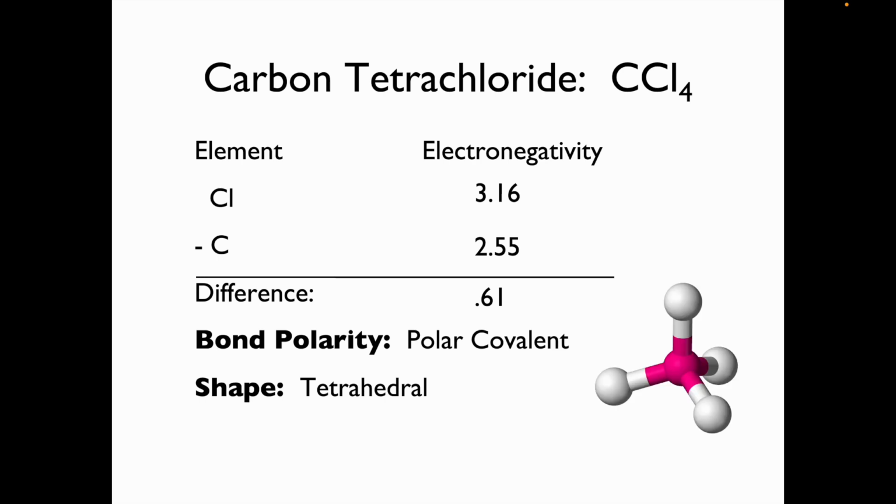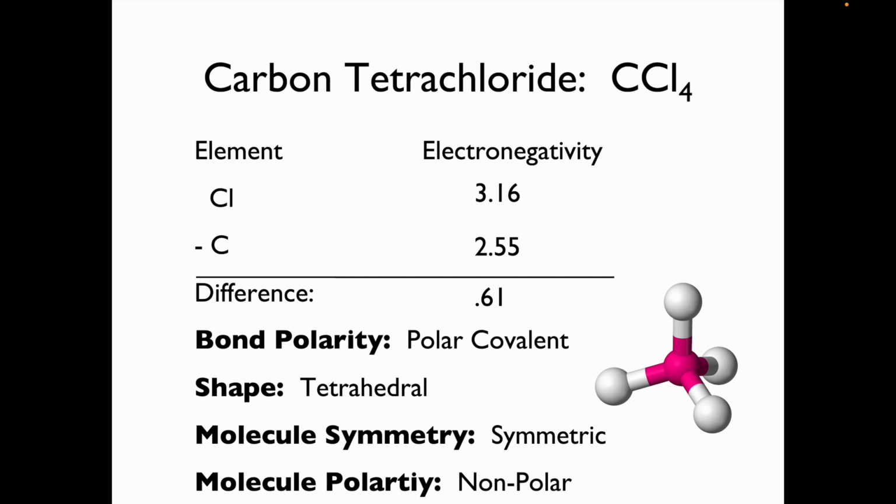So the tetrahedral molecule shape has bonds going off in all directions evenly. So this molecule is in fact symmetric, which means that even though each individual carbon-chlorine bond is polar, because those bonds are distributed in an even way, the molecule itself is nonpolar. Again, the individual bonds can be polar, but if the molecule is symmetric, it will be a nonpolar molecule.